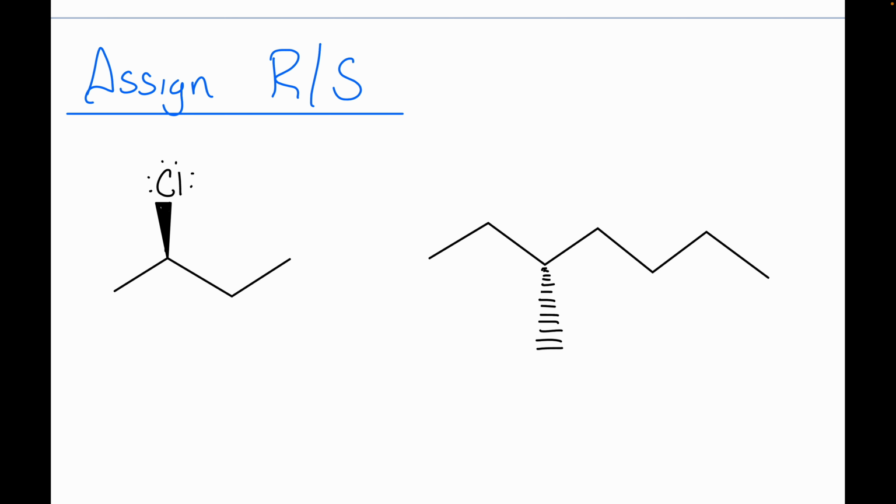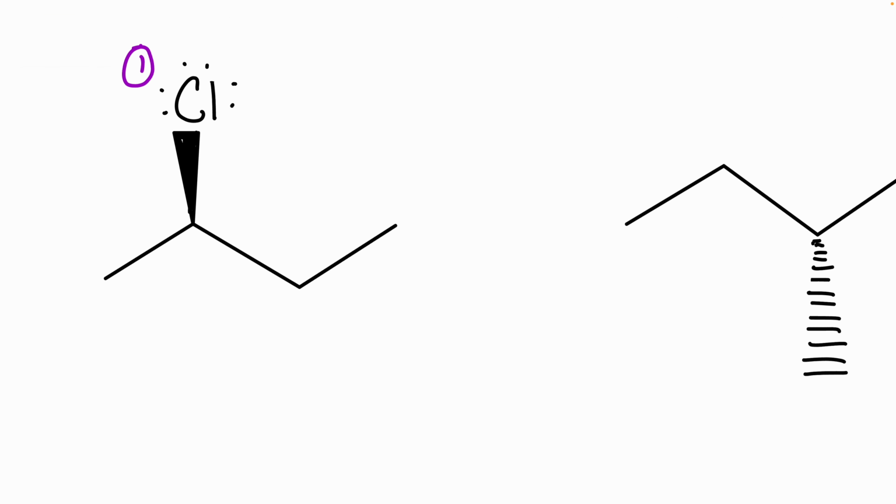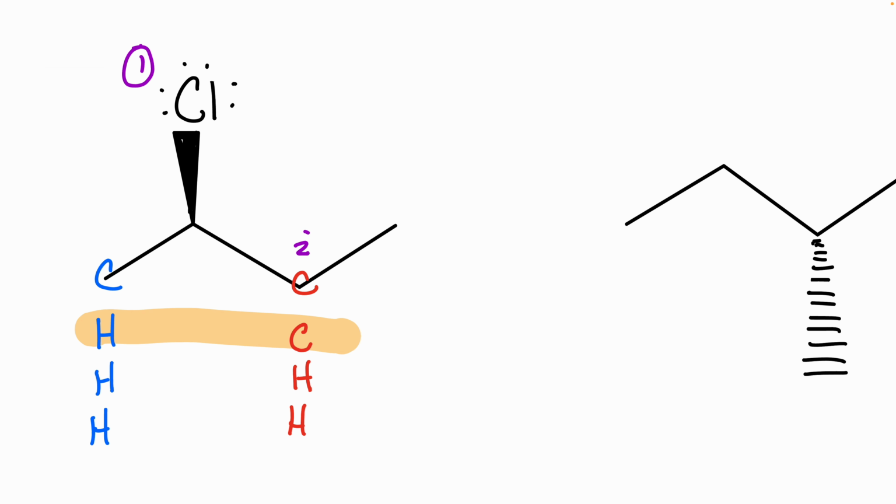All right, so let's do this first one here. Chlorine has that highest atomic number, so that's priority 1. I look here, and these are both carbons, so they're tied. So I'm going to make that list of the atoms that they're bound to. And I can see we got a break in our tie. So this is going to be priority 2, and this is priority 3.